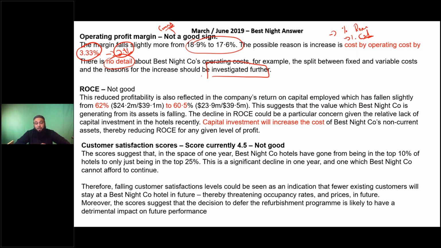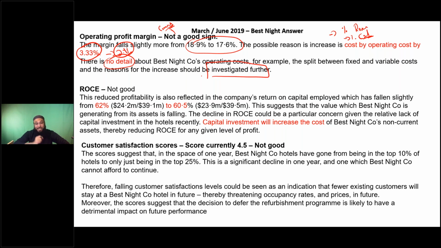If sometimes you see that things are not given in detail, do write it there, because listen, it's practical stuff that you are doing. If you don't have data for the analysis, what will you say? You'll say, I don't have information for this particular area. So no breakup of operating costs is given to me. If there is a 3.3% increase, why? I don't know.